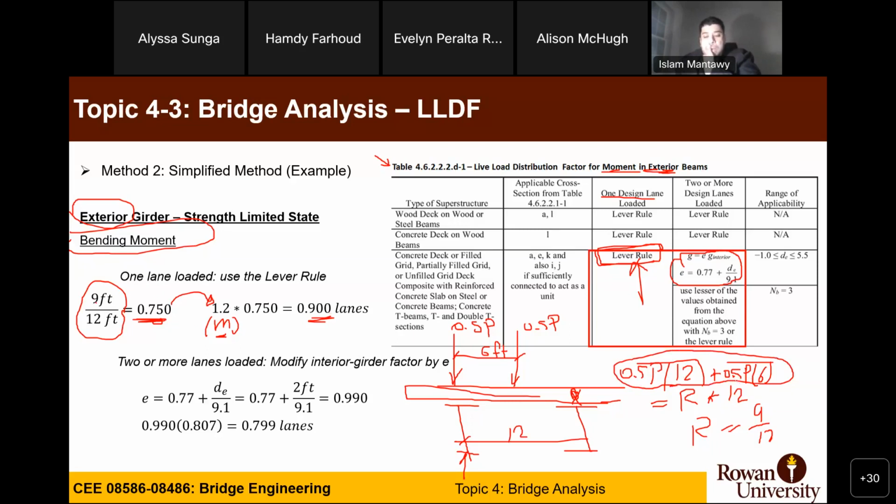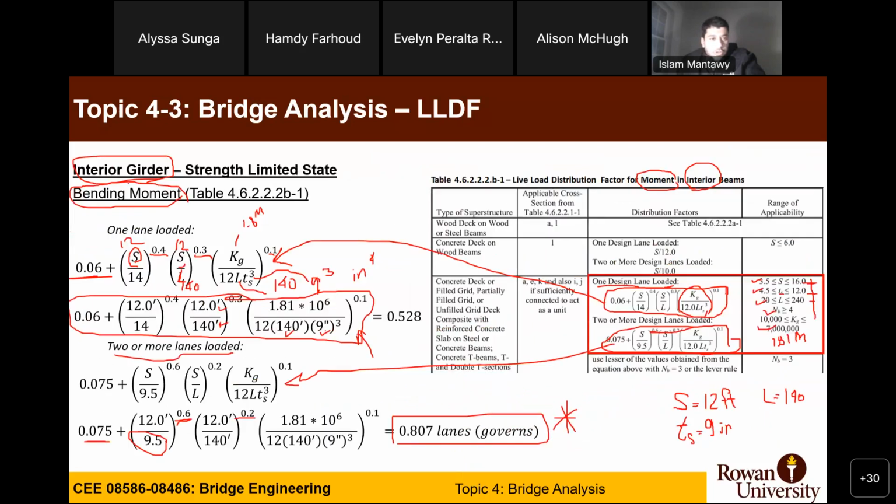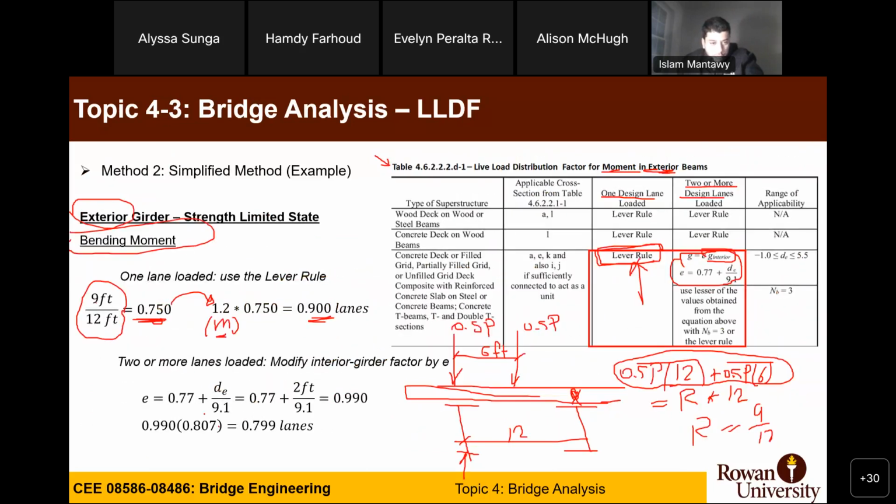For 2 or more lanes, you have to go back to the interior moment. Where is the 2-lane? 0.807, so you need to get it.